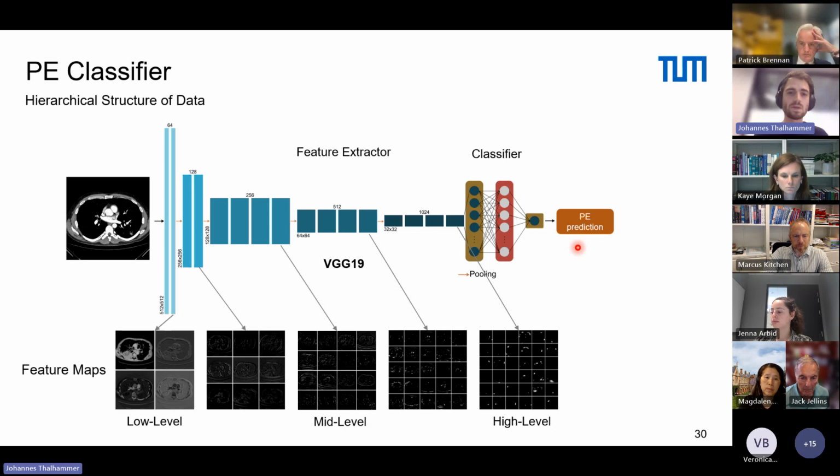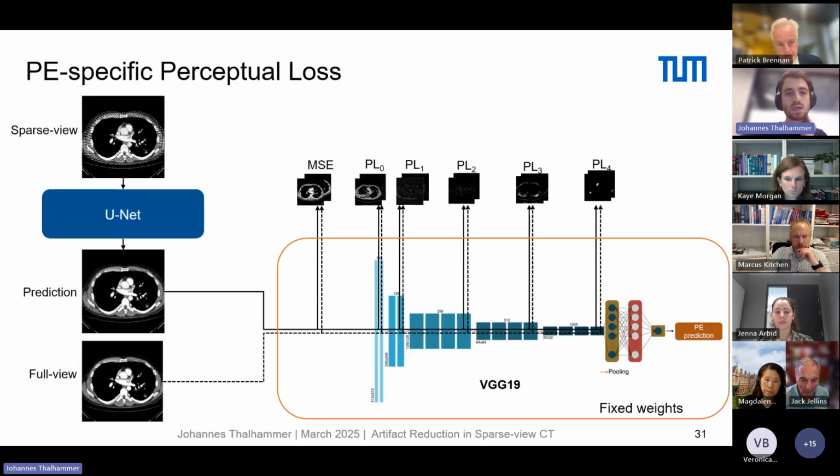And we thought, okay, we can maybe use these extracted feature levels to calculate the loss on those. So we took our trained classifier, again had these Sparse-View reconstructions as input to the U-Net to denoise the images, fed the prediction and the full view image into our classifier, and used this feature extraction part to calculate a high-level feature loss, so to say.